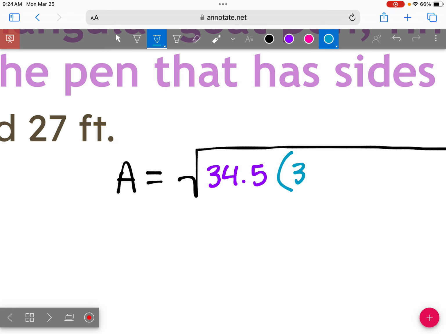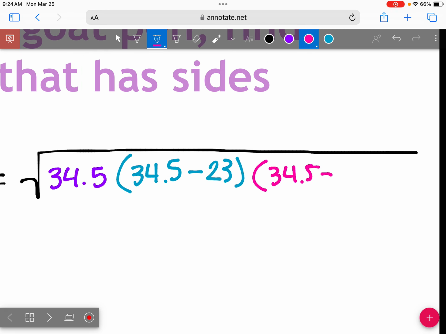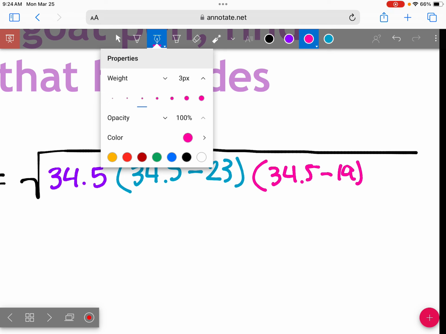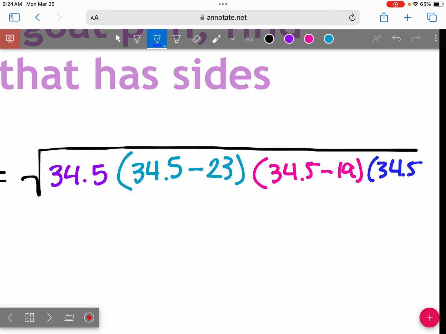So we're going to have our 34.5 minus 23, 34.5 minus 19, and 34.5 minus 27.